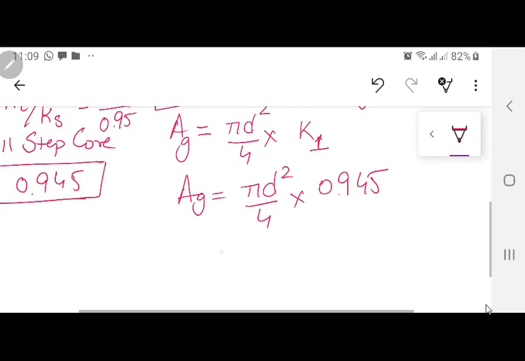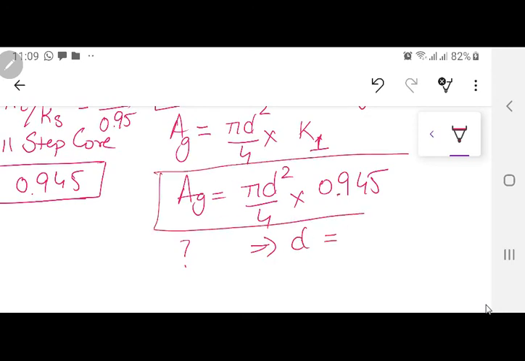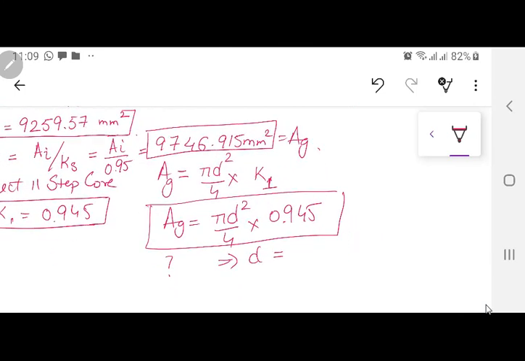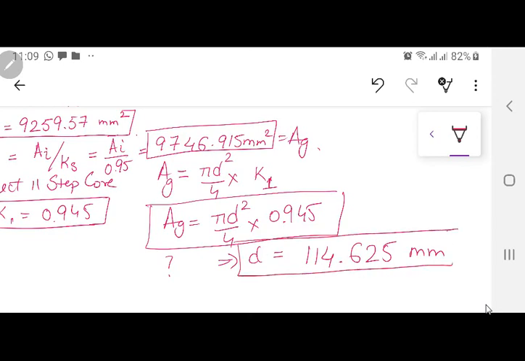Can you plug in the value of AG, 9746.915, and find me the value of D? 114.625, but okay, it's already in millimeters, so I don't need to convert it.